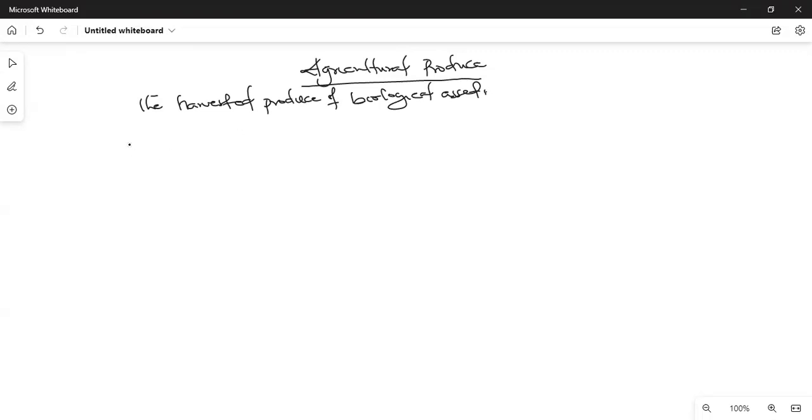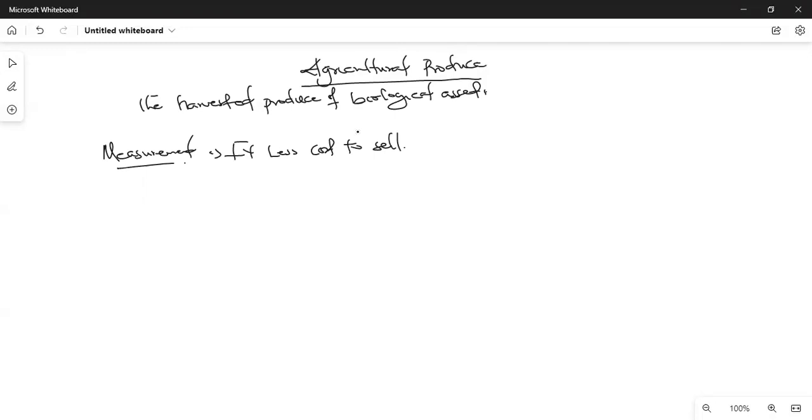Now, what we are supposed to go through is how do we measure these? We are going to measure them at fair value less cost to sell, which is very, very important.